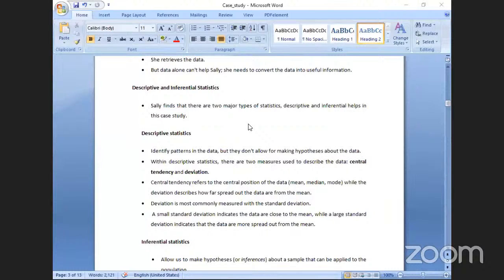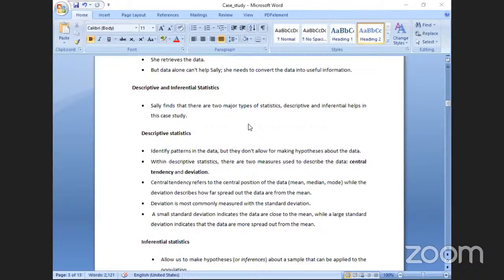So how far has the data been spread, and is there any deviation from the mean? If there is deviation from the mean, how far is the spreading pattern of data? For that, she adopted this descriptive statistics. And descriptive statistics is also used to measure the deviation, that is standard deviation. Standard deviation is a measure which is used to extract the information concerned with the data which are close to the mean.